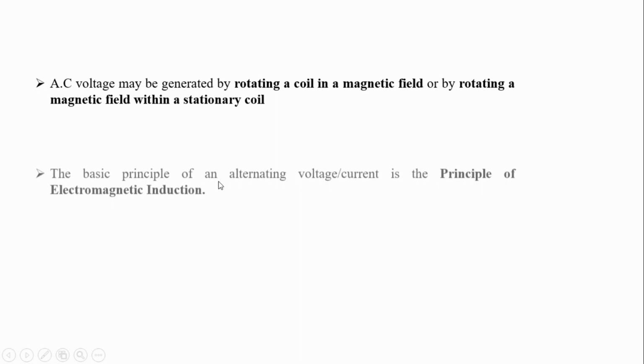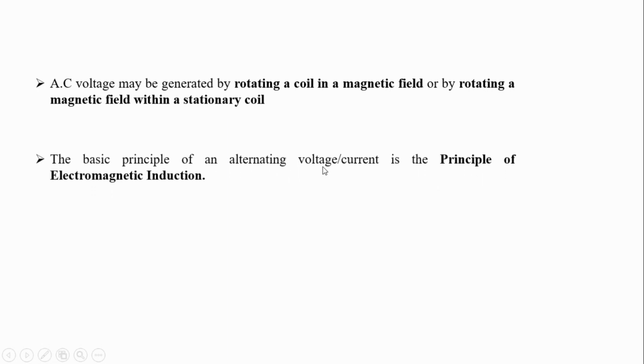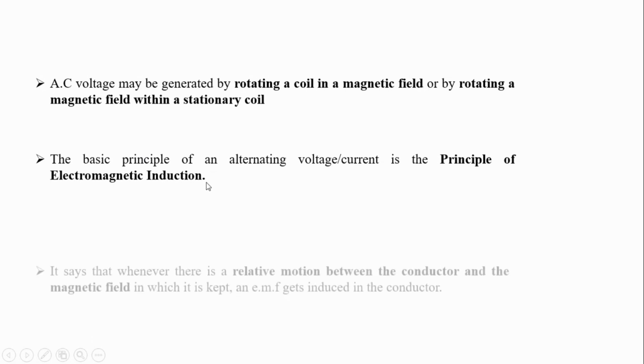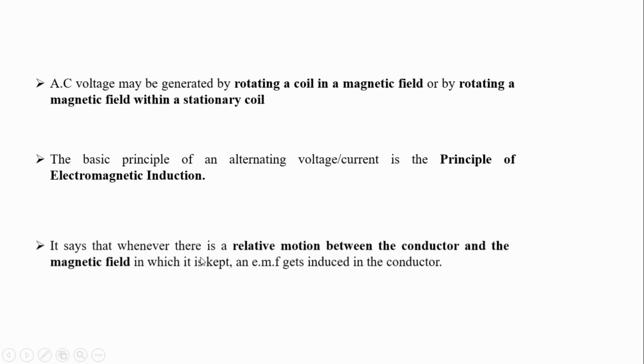The basic principle of alternating voltage or current is the principle of electromagnetic induction by Faraday. It says that whenever there is a relative motion between the conductor and the magnetic field, an EMF gets induced in the conductor. How can we generate alternating EMF?